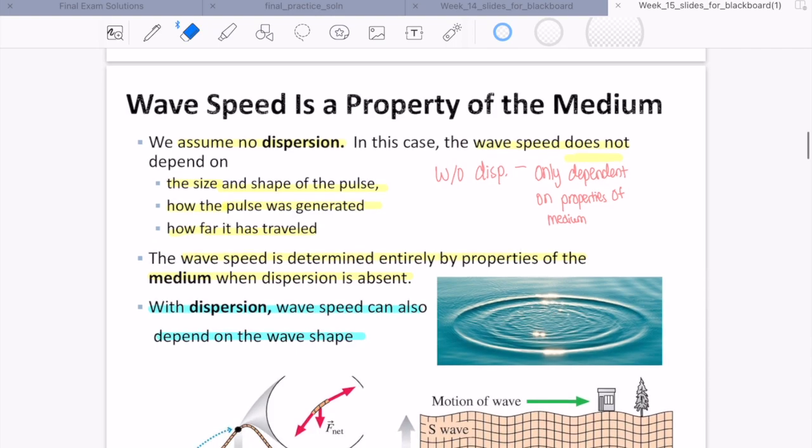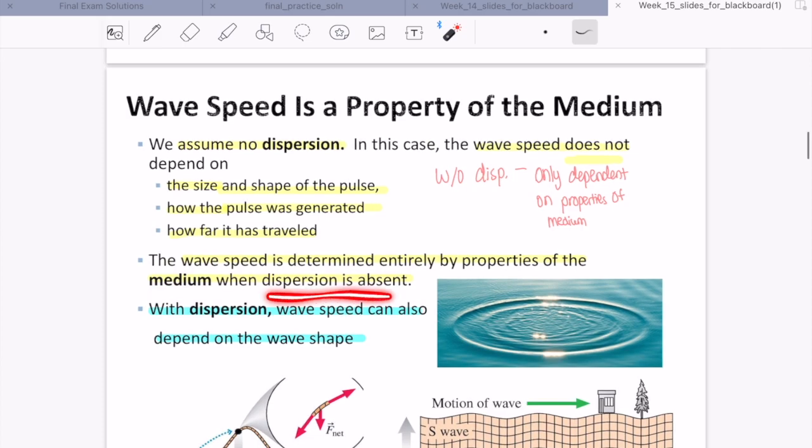But when we're talking about wave speed, when we're measuring wave speed, we assume that the wave speed does not depend on the size and shape of the pulse, how the pulse was generated, and how far that pulse has traveled. So that's if you have no dispersion of the medium. Wave speed is determined just by the properties of the medium when dispersion is absent.